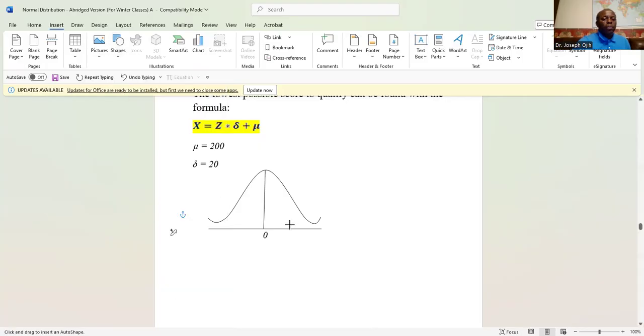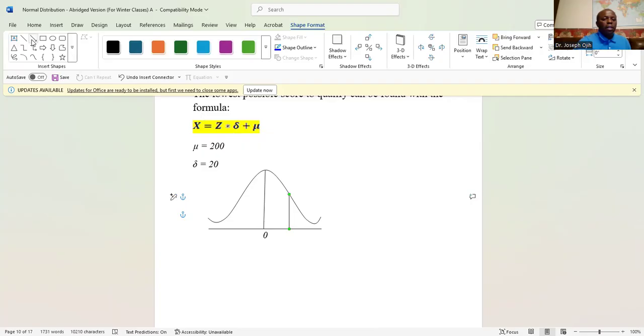So this is the top 10%, it says. I'm going to shade this, which represents the top 10%.